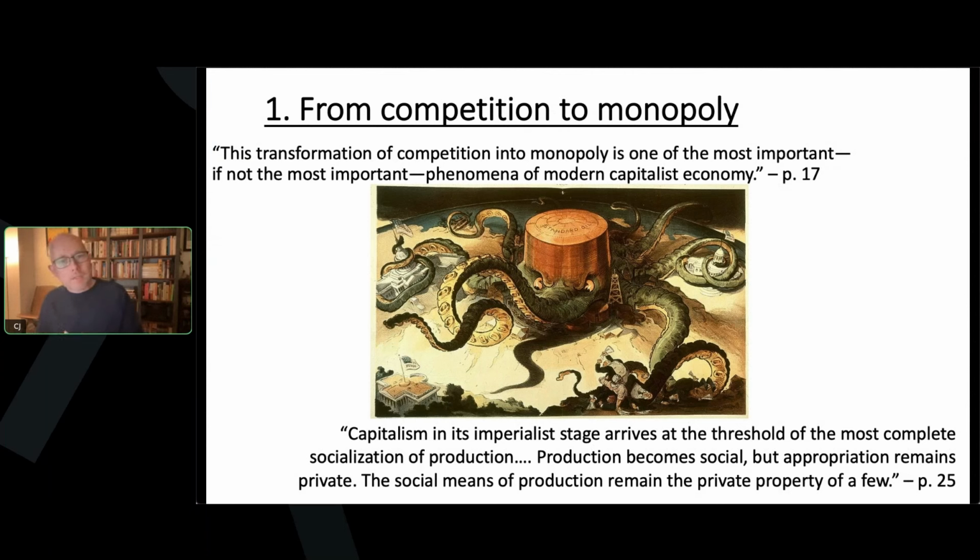Now today we see that same process happening in some of the tech sectors and investment sectors, right? Companies like Google, Amazon, BlackRock, they dominate their sectors, vast concentrations of power that can have such a sway over world markets. So Lenin saw this process of monopoly as capitalism's way of surviving its own crises.